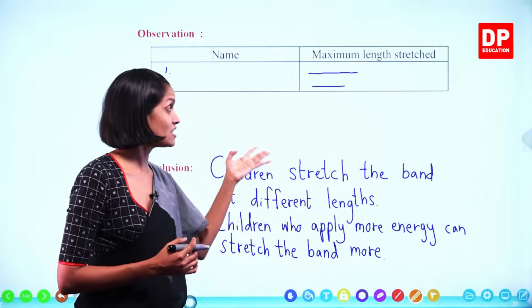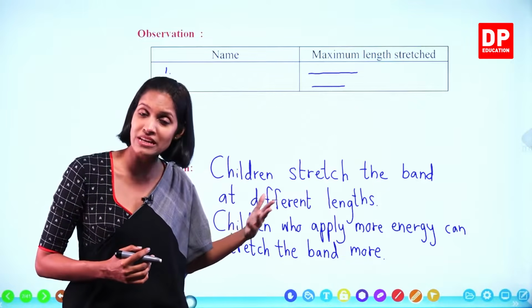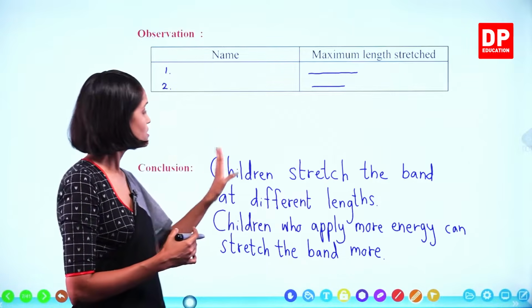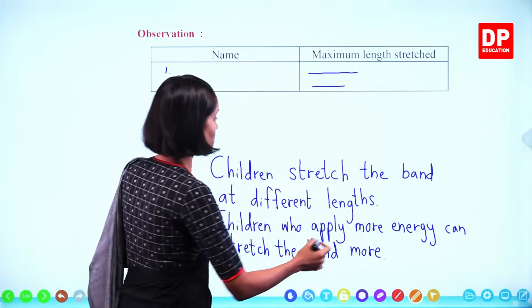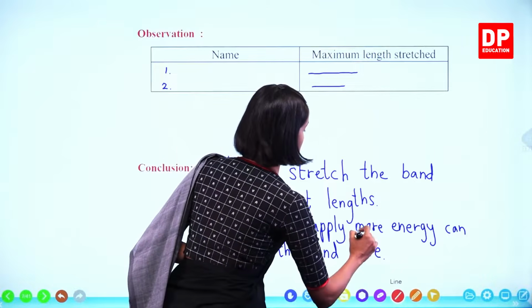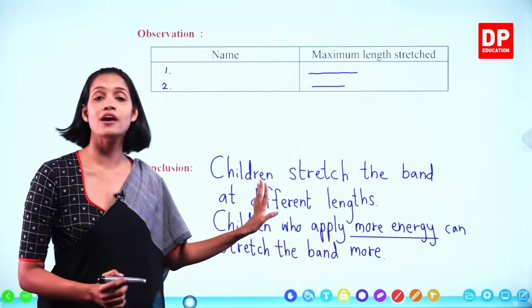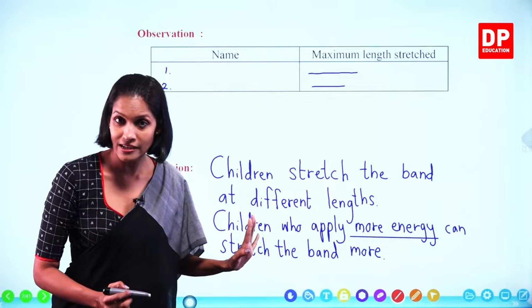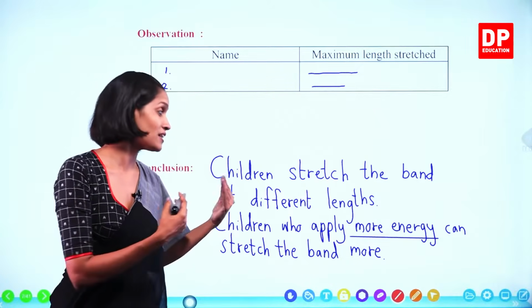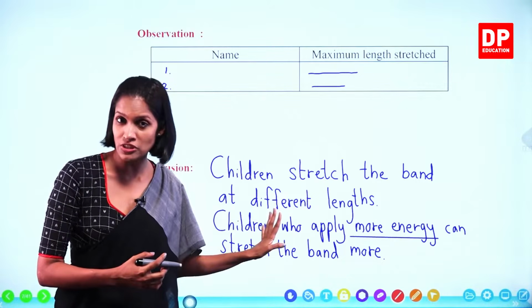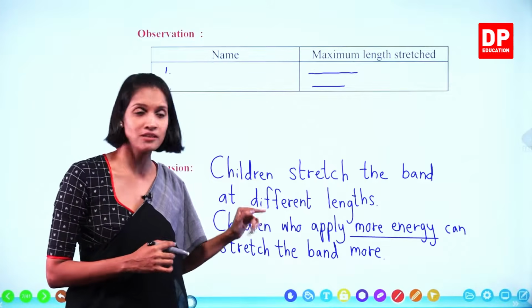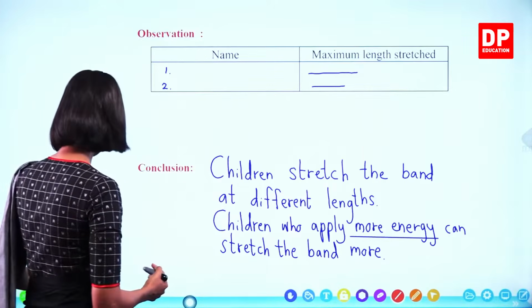To understand this better, we are going to do a similar activity next. So now we are going to do another activity similar to this one to understand this better. We'll move on to the next, right?